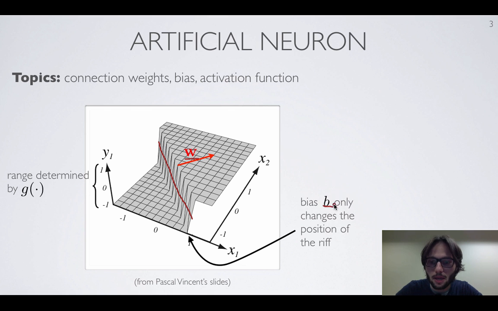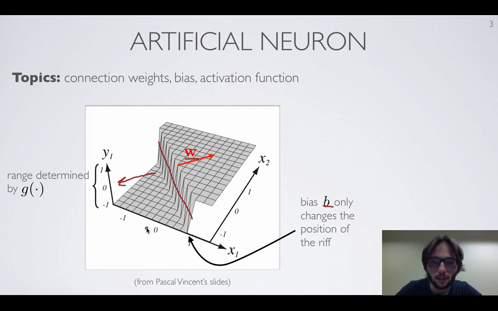And then the bias b will essentially determine along this direction where the ridge will be. So when the bias is decreasing, large and negative, the ridge will be moving in the opposite direction of w. And if we have a more strongly positive value of b, then the ridge would be moving in this direction.